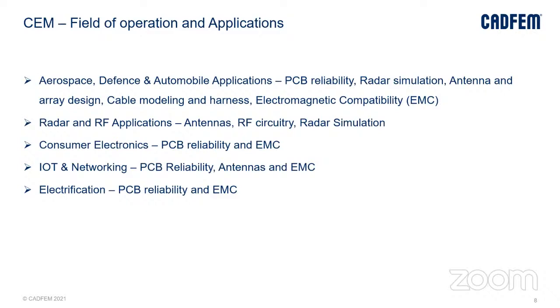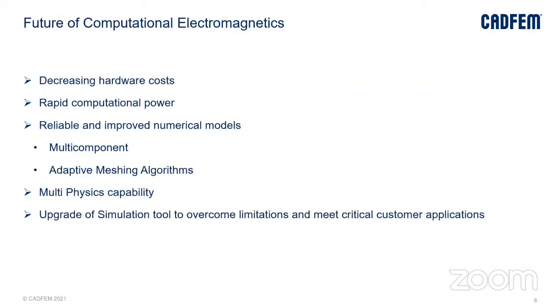At the same time, EMI/EMC compliance is also necessary, because consumer electronics are used everywhere, and the working of one electronic system should not interfere with another system. So taking this into consideration, electromagnetic compatibility is necessary. And in terms of IoT and networking, the PCB, antennas and EMI/EMC are necessary. And in terms of electrification, PCB and EMI/EMC are necessary.